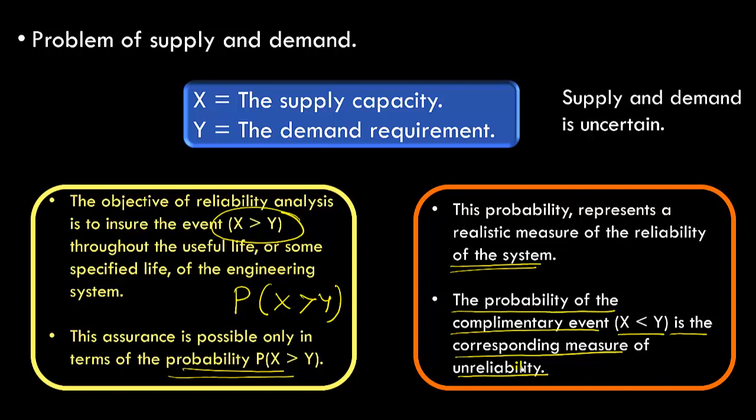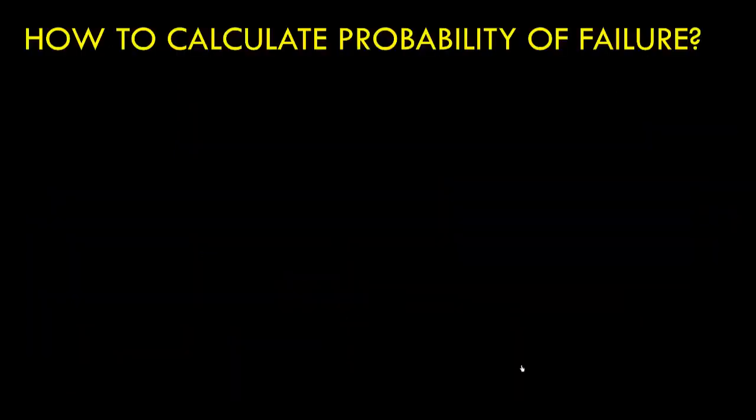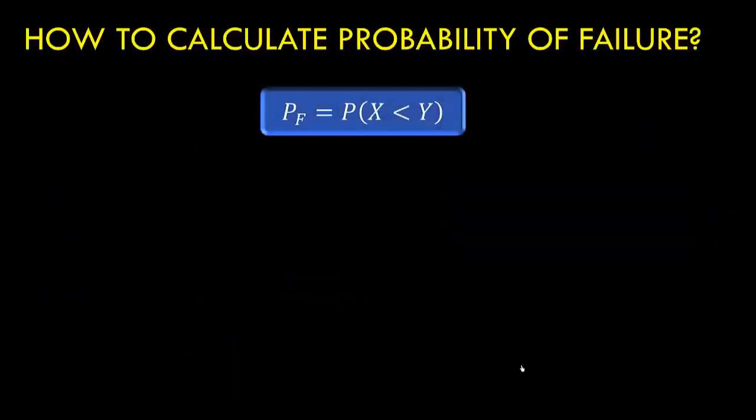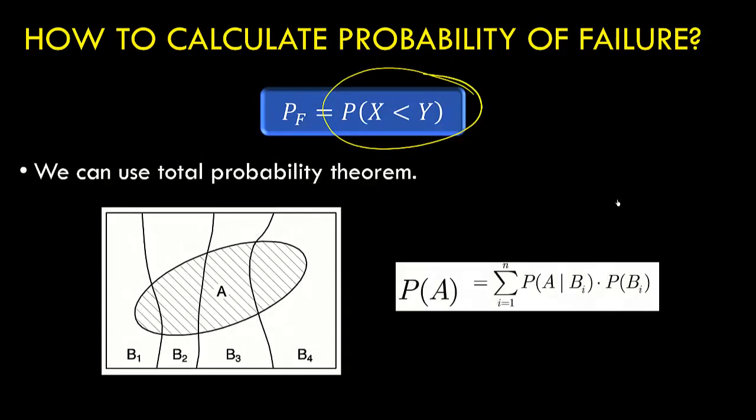So the question is how we calculate the probability of failure, that is, the probability that X is less than Y. Now we will use the total probability theorem to calculate this probability, and this theorem is illustrated in this figure. Let's say we have an event A, and the whole sample space can be divided into different events, B1, B2, B3 and B4.